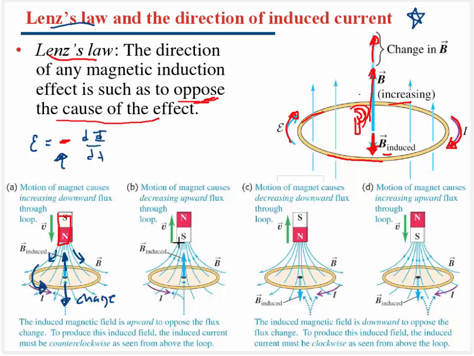Similarly, if we had the south end of a magnet and we pulled it away, the change is going to be in the downwards direction. So the induced EMF is going to oppose that change, must therefore be in the upwards direction, and have the counterclockwise current. You can also convince yourself in C and D that the change is going to be in the upwards direction. Therefore, the induced magnetic field must point in the downwards direction. Point your thumb in the downwards direction, curl your fingers, and you get the direction of the current.